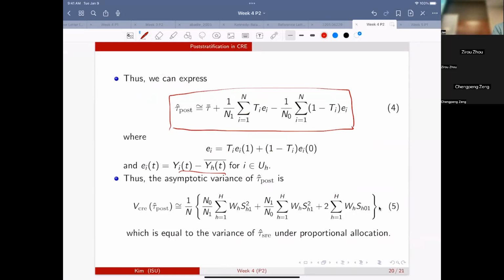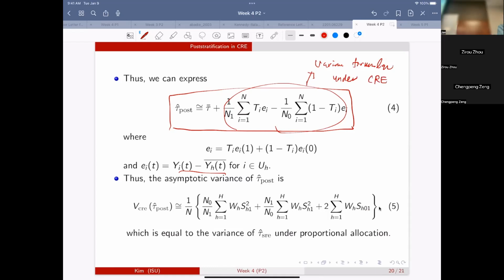And if you want to compute the variance, so how to compute the variance? This is essentially applying the variance formula for the completely randomized experiment.